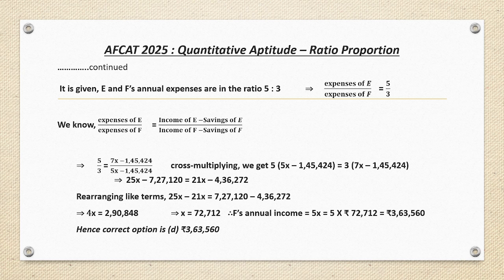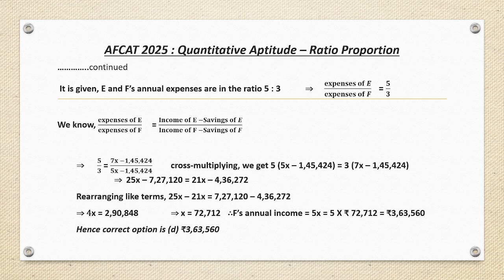This is one portion. And what is F's annual income? It is 5x, so 5 into 72,712, which is 3,63,560 rupees. So the correct option is D.